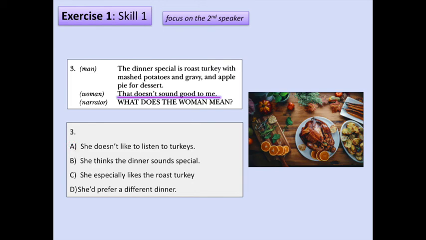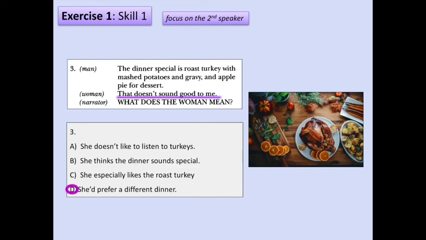B, she thinks the dinner sounds special? No, she says it does not sound good. That does not mean special. C, she especially likes the roast turkey? No, she says it does not sound good. D, she would prefer a different dinner.